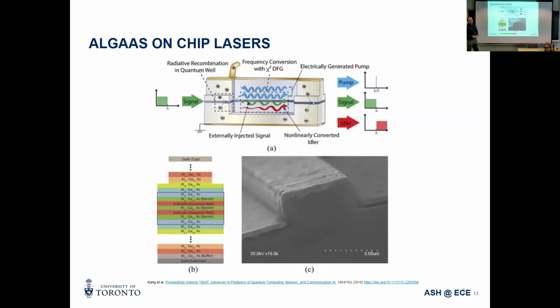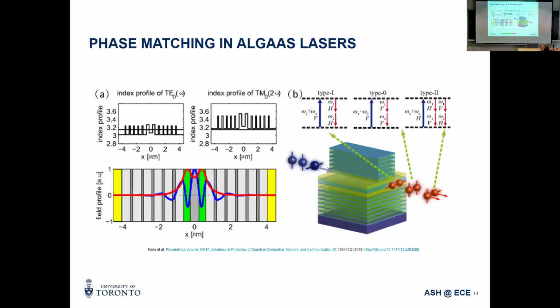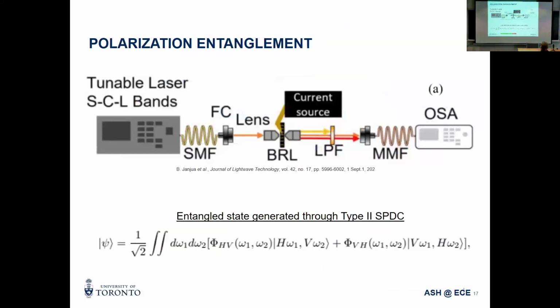For these on-chip sources, how do you usually separate the signal from the idler? I think I have a diagram on here? It's not in this diagram.